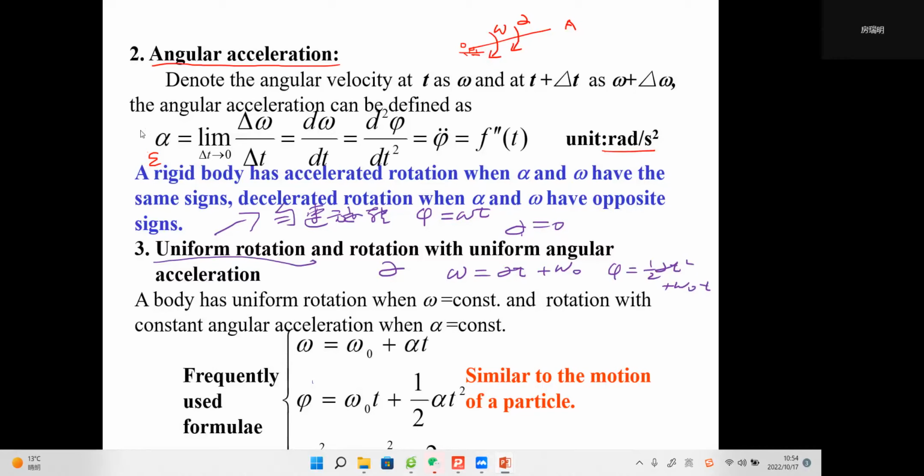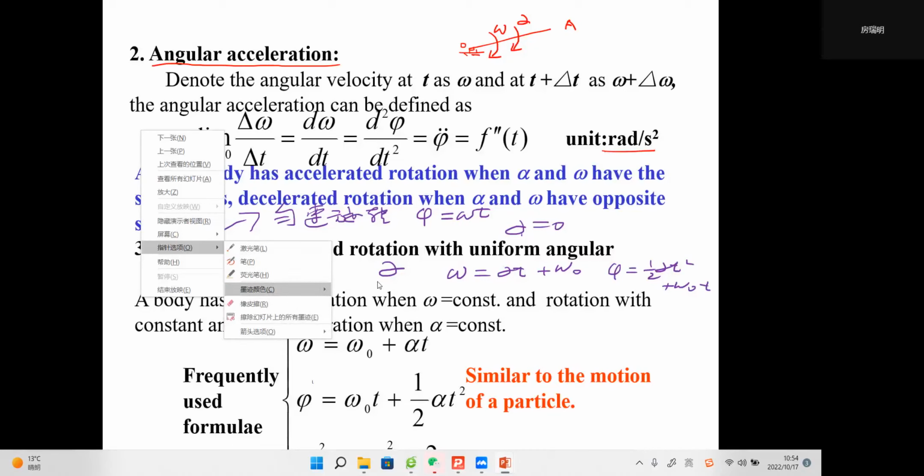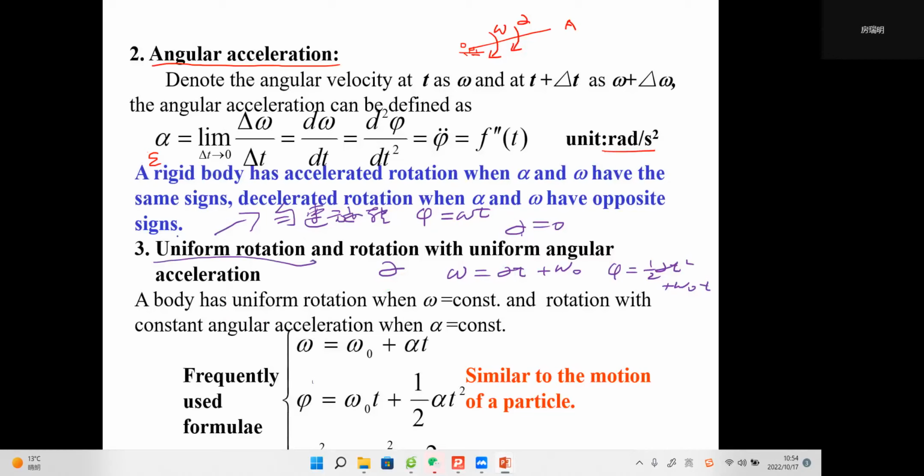Actually, we also should know how to figure out the velocity and acceleration of any point on this OA.